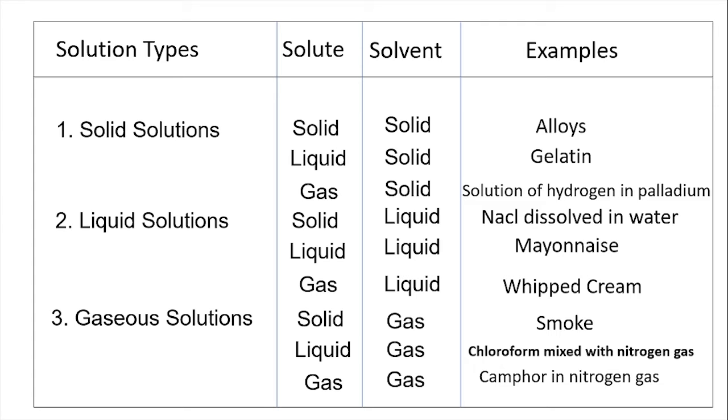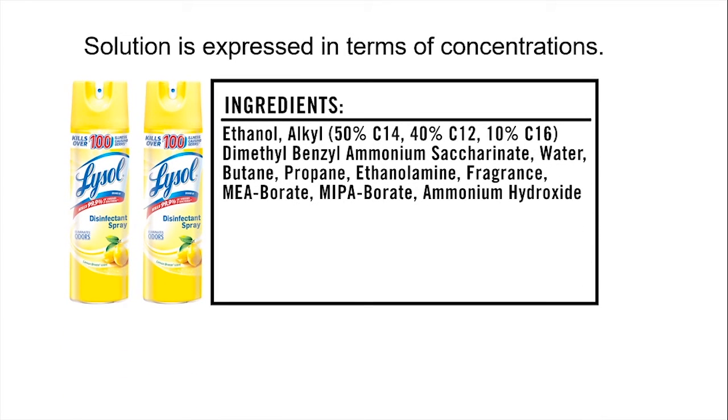Now let us see how these solutions are expressed. The composition of a solution is expressed by its concentration. Let us take an example to understand. Here we can see the composition of a generally used disinfectant. In the composition there is a term: 50% C14, 40% C12 and 10% C16. Those are the concentrations.